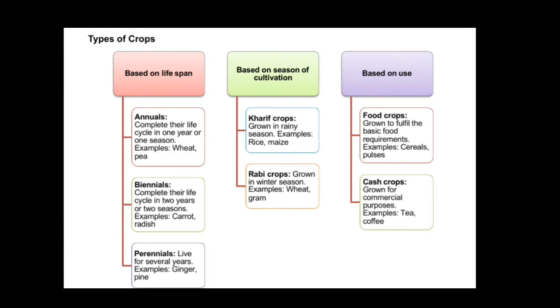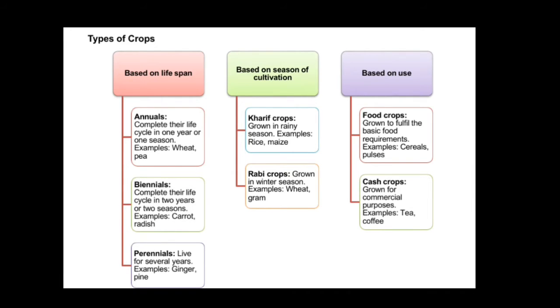First, you can classify the crops based on the lifespan. You can classify them on the basis of season of cultivation, and you can also classify them on the basis of their use. So, based on lifespan, basically there are three types of crops: annuals, biennials, and perennials.